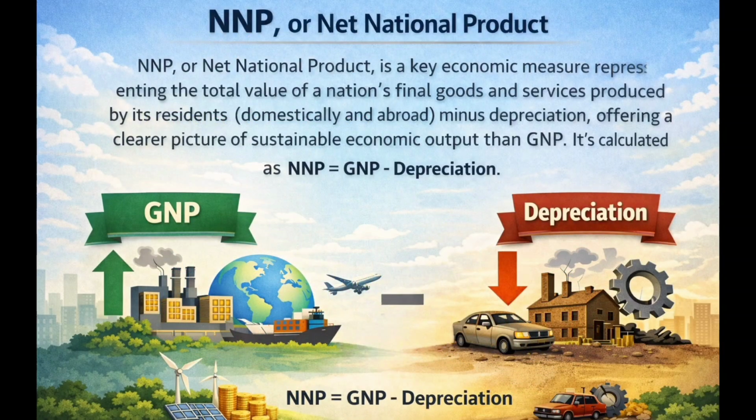NNP, or net national product, is a key economic measure representing the total value of a nation's final goods and services produced by its residents domestically and abroad minus depreciation, offering a clearer picture of sustainable economic output than GNP. It's calculated as NNP equals GNP minus depreciation.